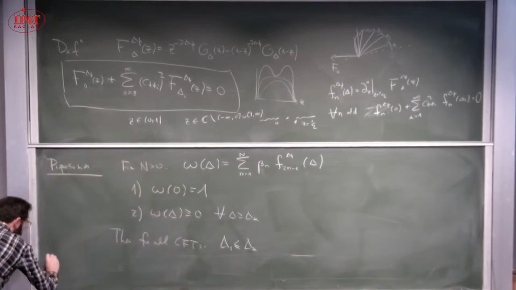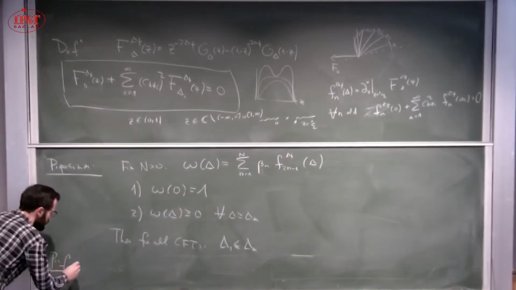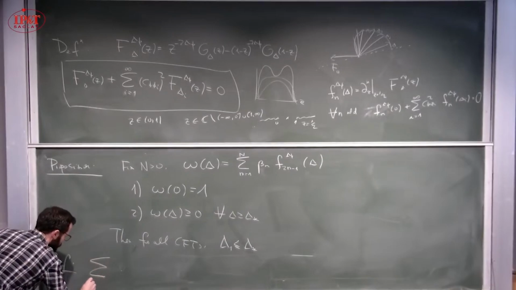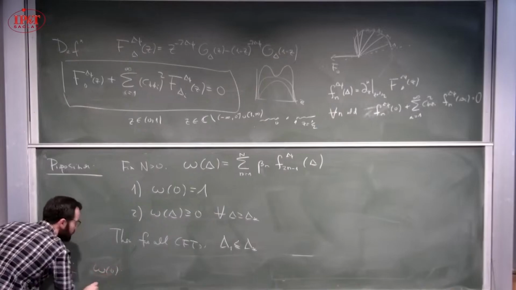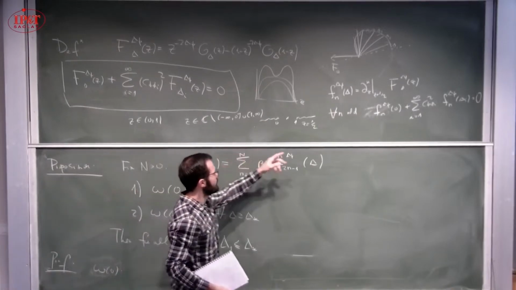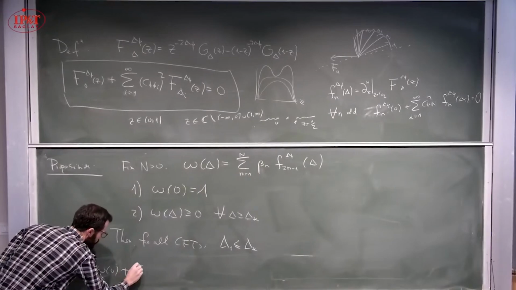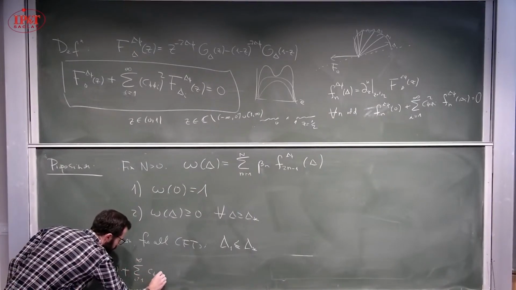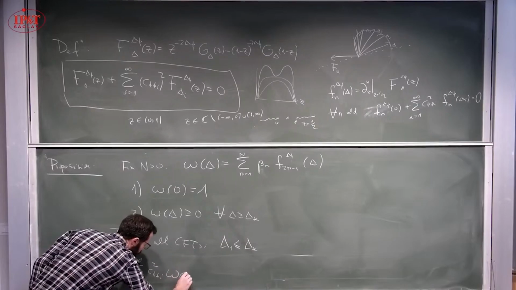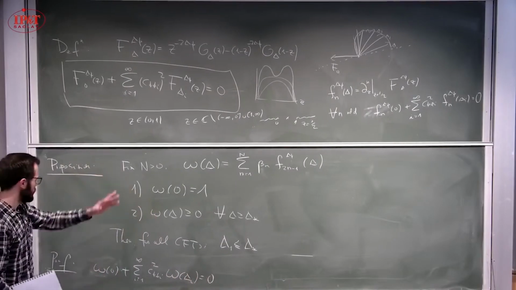Well, we prove it by first noting that for such omega, by applying these identities, omega of 0 plus the sum over operators is zero, just a consequence of the crossing equation.